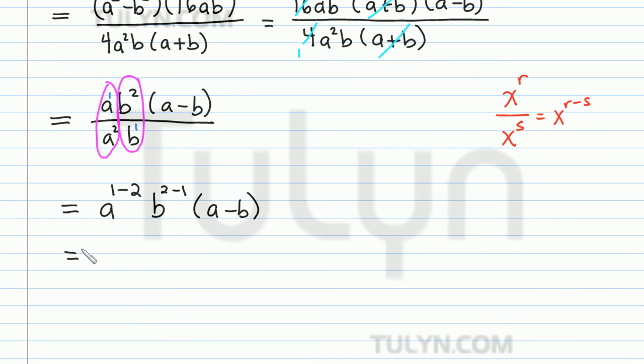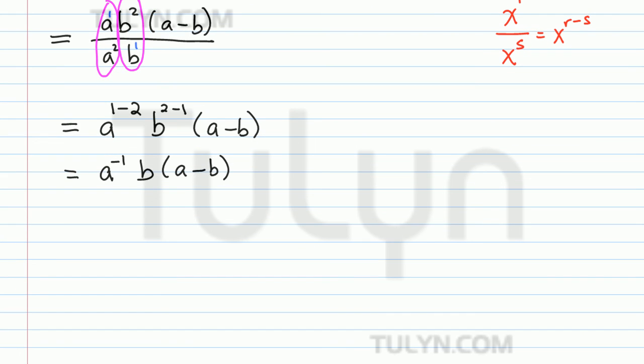So simplifying, we get a to the minus 1 times b to the 1, which is just b, times a minus b. And then, since we always like writing our final results without negative exponents, we evaluate a to the negative 1. And remember, a to the negative 1 is just the reciprocal of a to the first power, which is 1 over a.